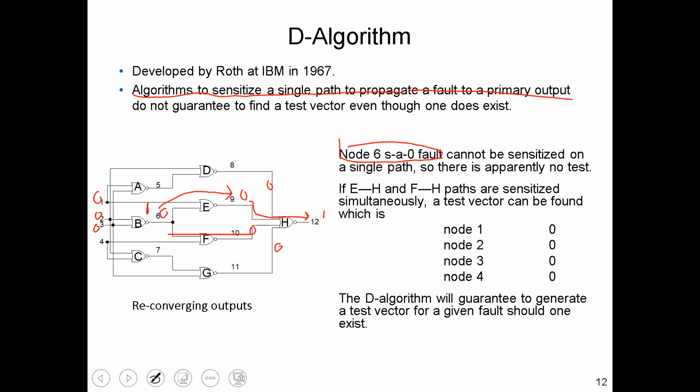Right? This gate H is a 4-input NOR gate. We wanted to propagate one of the inputs to the output, so we should set all the other inputs to 0.